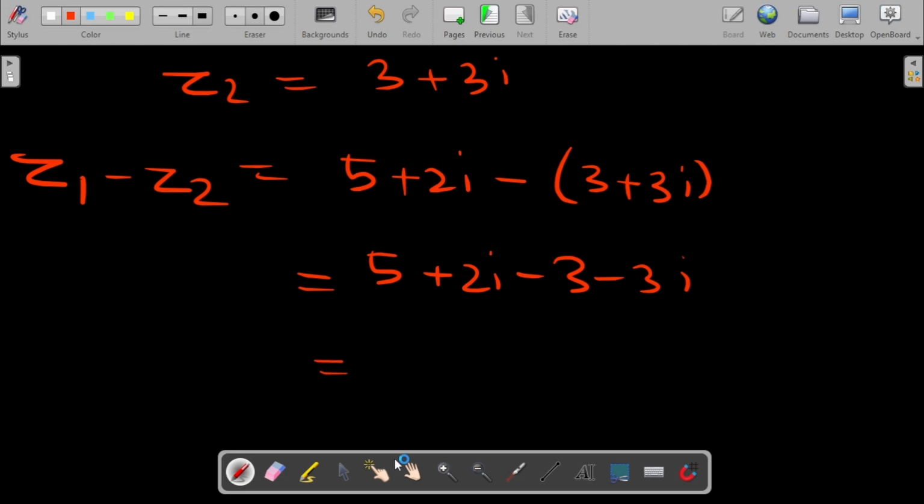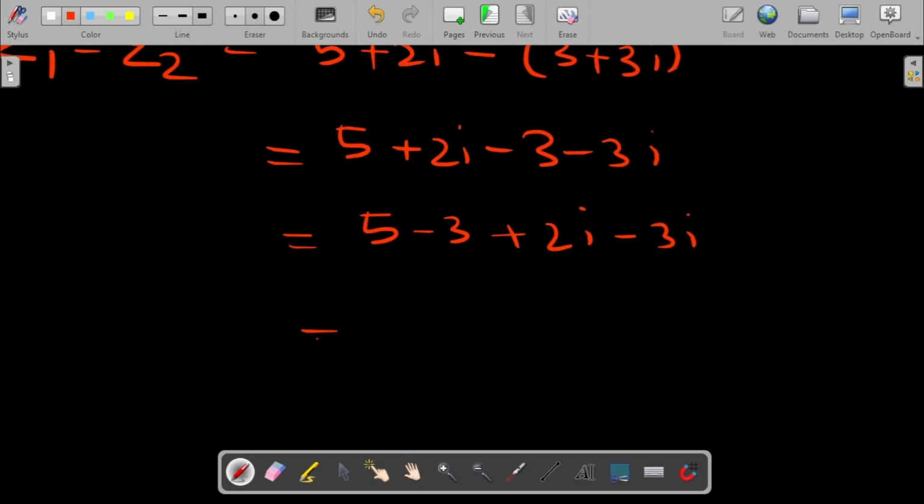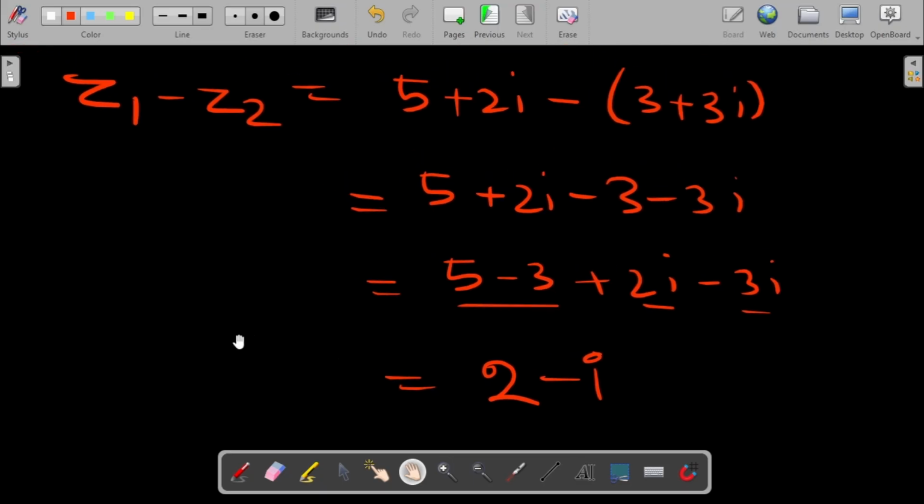This can be written as 5 minus 3 and then 2i minus 3i. 5 minus 3 gives 2, and 2i minus 3i gives minus i. So Z1 minus Z2 is 2 minus i.